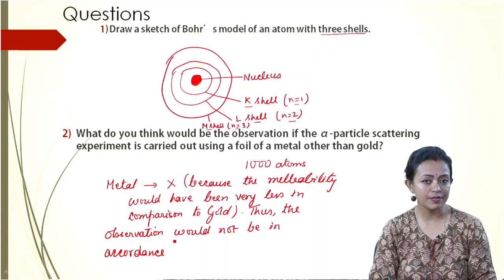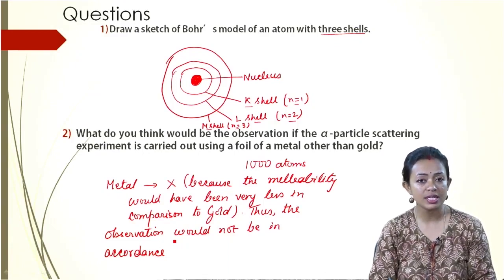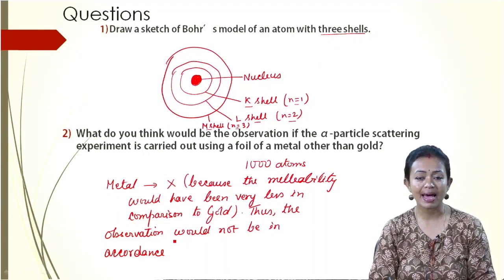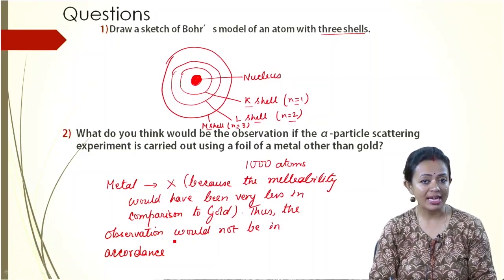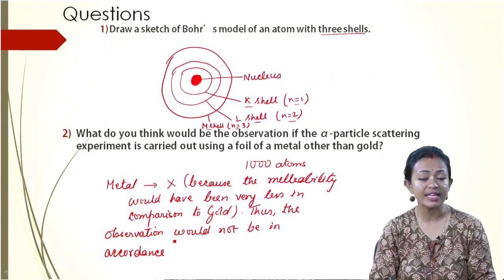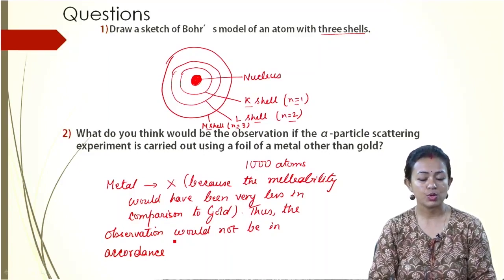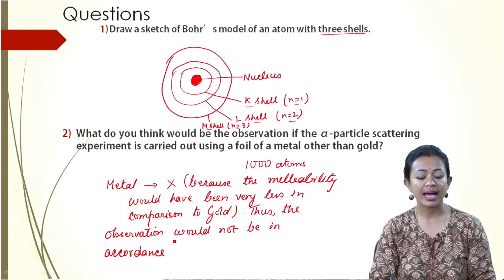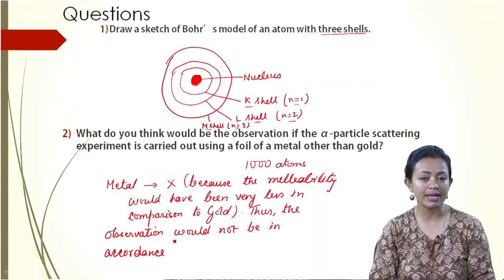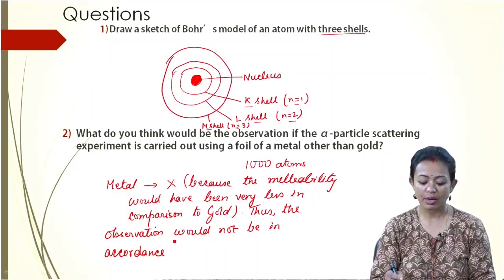So making some rectification, Niels Bohr came out with his final model of the atom, and he said that yes, the protons are present in the nucleus, but the electrons are present in discrete energy levels. For any electron to be in a particular energy level, it should have that quantity of energy with it. So an electron can jump from one energy level to the other by either losing or gaining energy. Taking all these concepts in mind, we had also solved some questions. Now let us go to the next one.